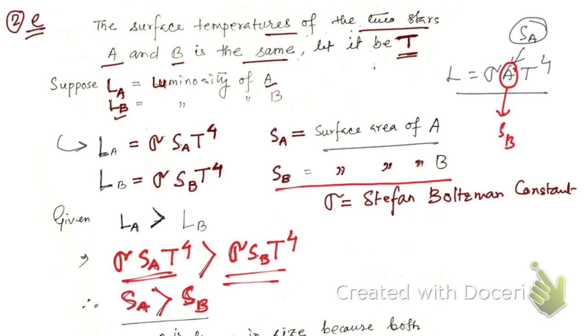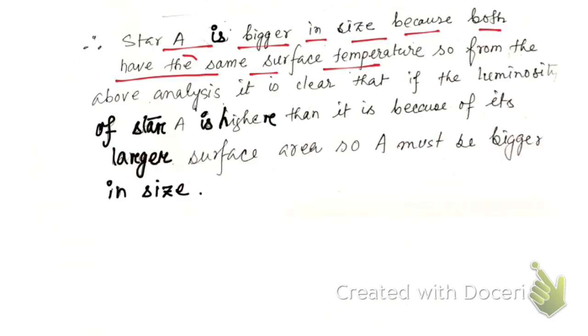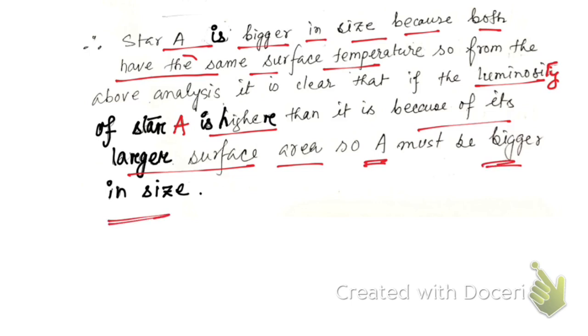If the surface temperature of the two stars is the same and sigma is the same for both, then the only thing that makes a difference is size, the surface area. So star A has higher luminosity because of its larger surface area. So A must be bigger in size compared to B. I hope you have understood this.